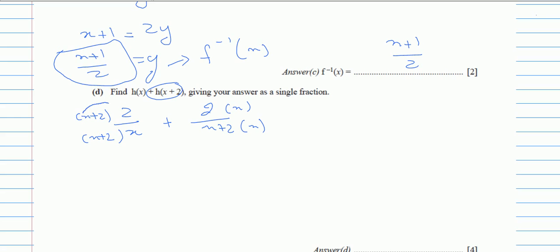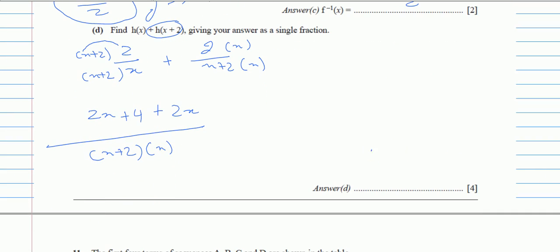So now this becomes 2x, and this becomes 4 times, and then we have one common big base, which is x plus 2 and x. Now this 2x plus another 2x is 4x, plus 4, over x plus 2 and x.